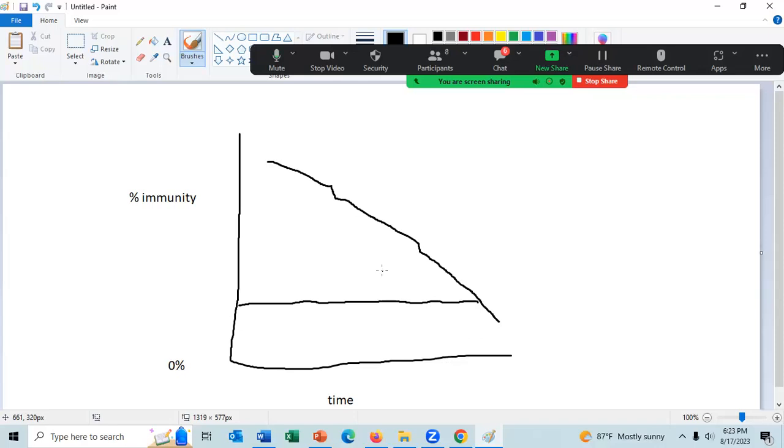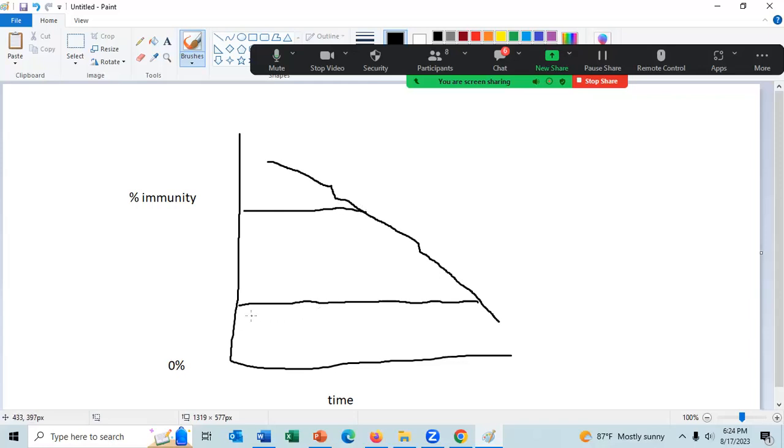Another virus that changes fairly rapidly, and this is largely from mutation, is COVID-19. To have your immunity very high against COVID-19, you need to get the vaccine about every 6 months.